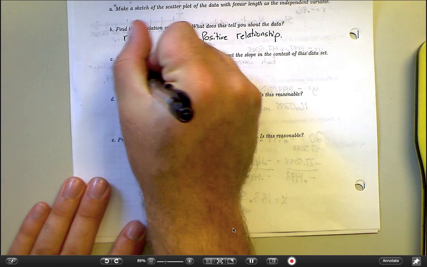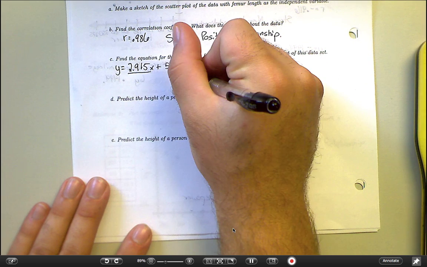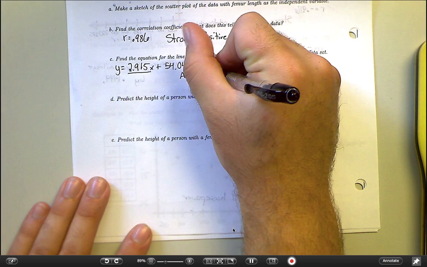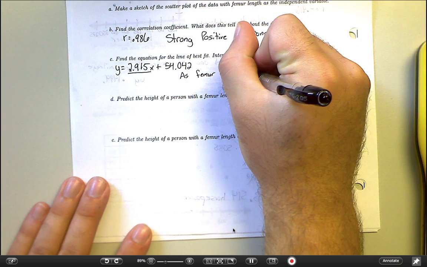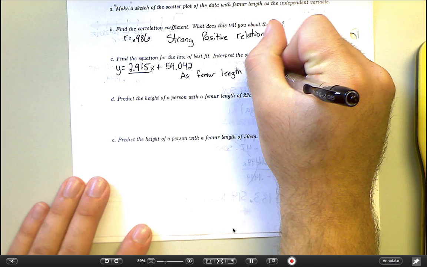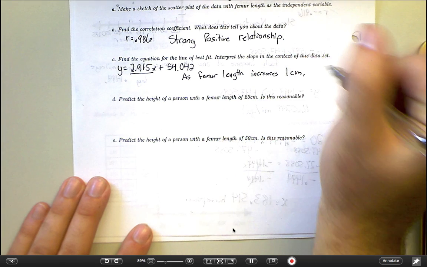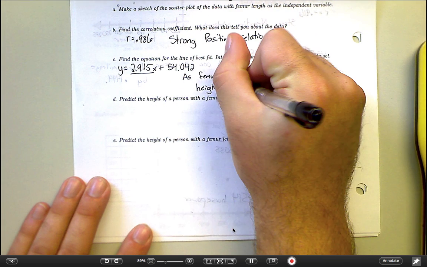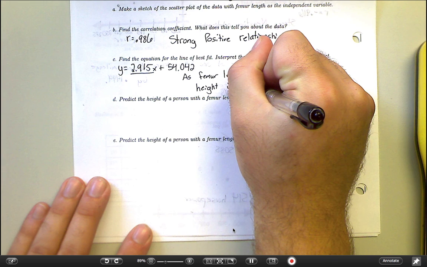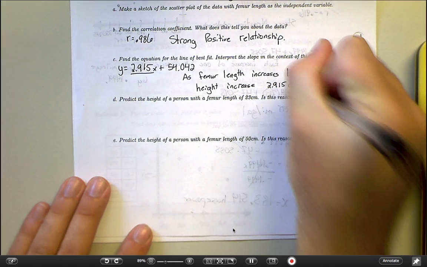I'm also asked to interpret that slope and what that means. Our slope was the 2.915, this number here. This is very similar to the sentence that I said earlier. I'm going to say as femur length increases 1 centimeter, height increases 2.915 centimeters.